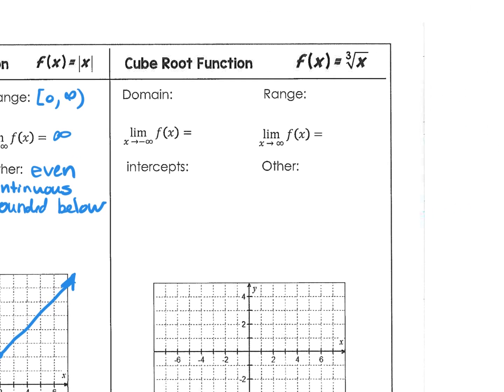Cube root functions, the last one we're going to look at right now. Cube root function, cube root of x. This one's a little tougher. We're going x and y. We could do negative 8. What's the cube root of negative 8?